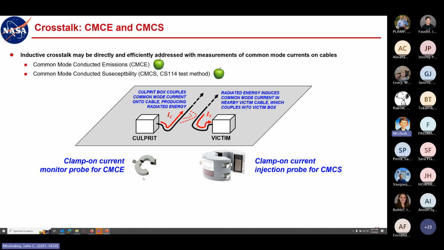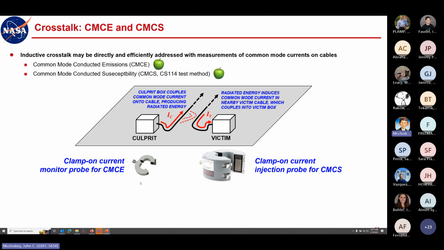With a monitor probe, you're running your cable through the aperture, and you're not directly measuring current. You're measuring the magnetic flux that the current generates. That flux is captured in the magnetic core of the probe, and a coil of wire wrapped around it goes out to your output connector. They are sometimes called current transformers because that's exactly what they're doing.